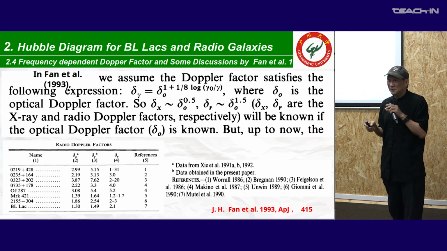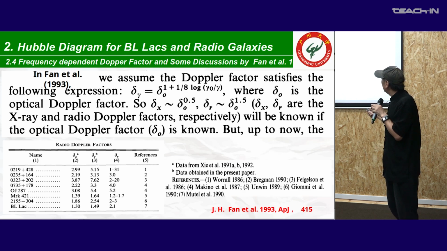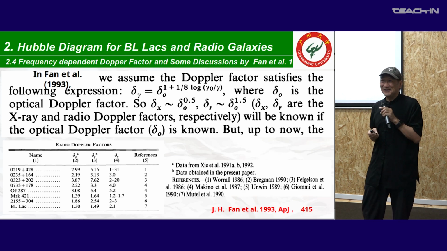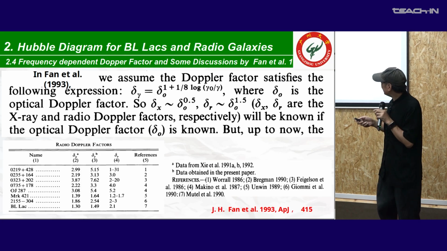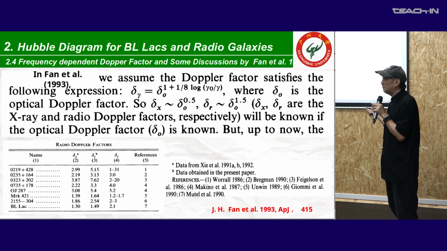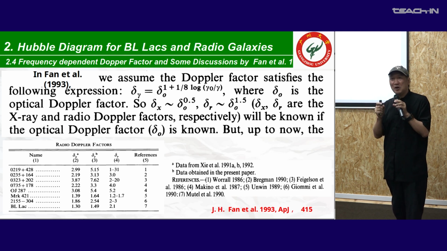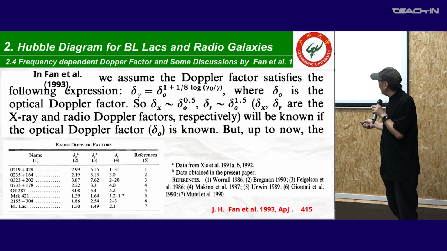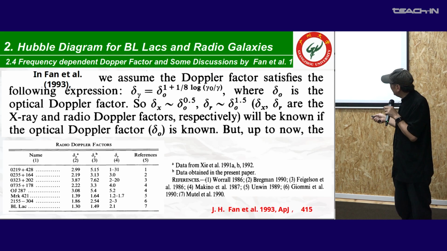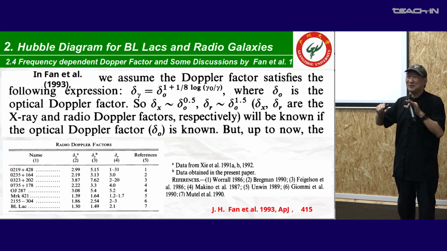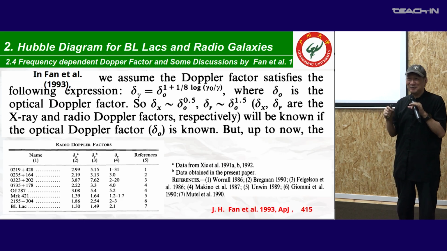In this way, we get a formula for different bands with the Doppler factor. From the observation at the optical band we can get a Doppler factor, and at the radio band we have a Doppler factor, so we try to get the empirical relation.